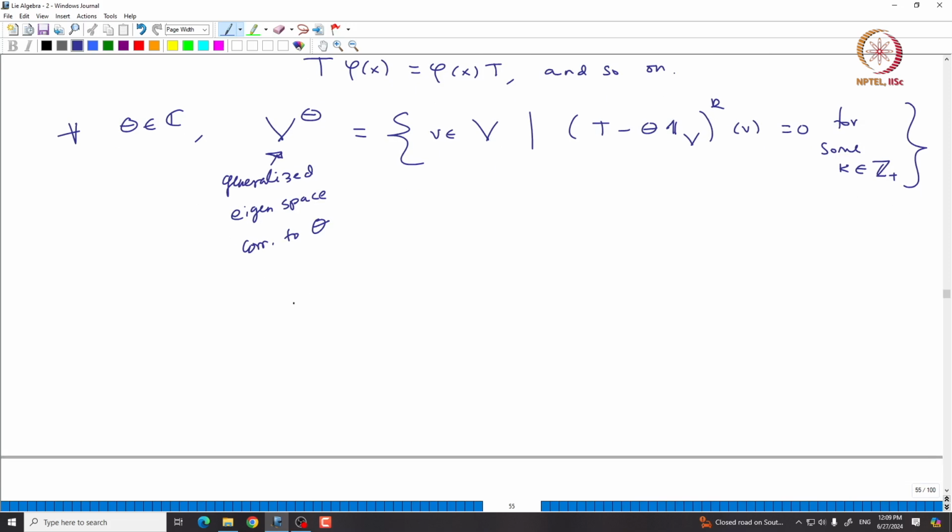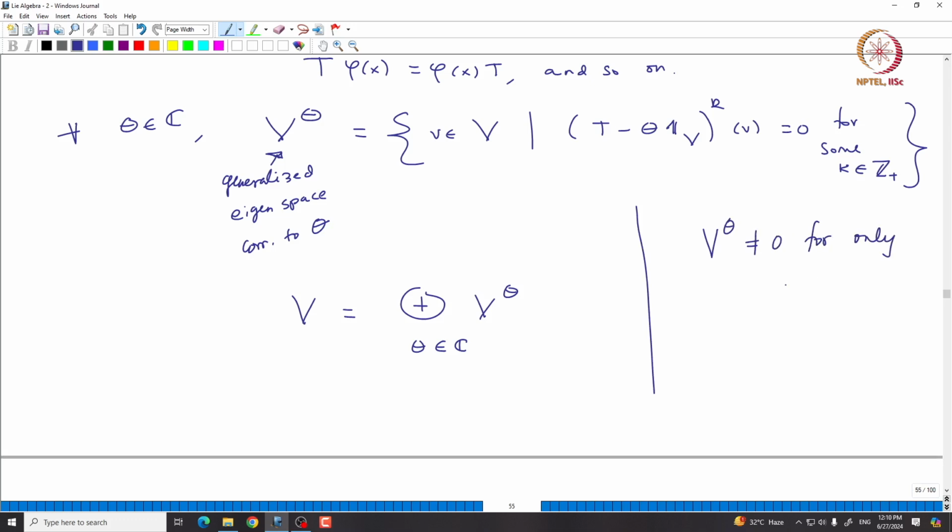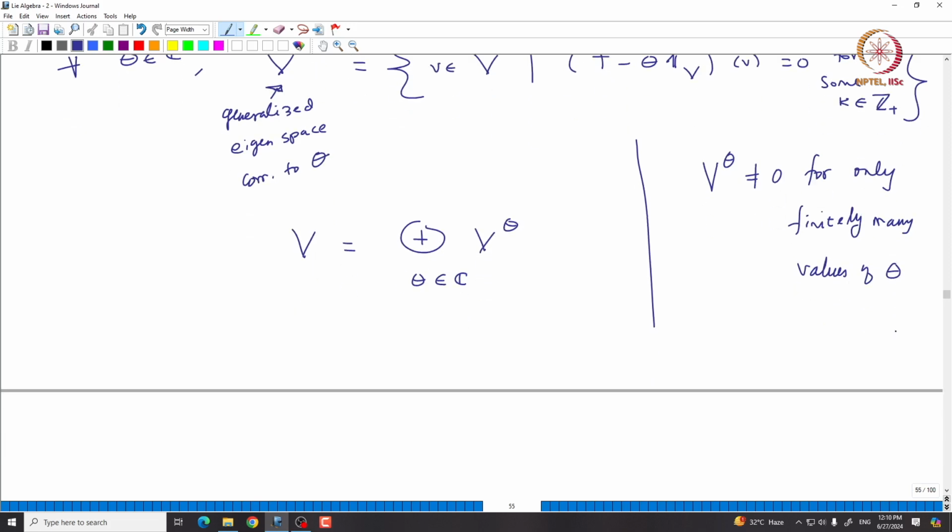So now V can be written as a direct sum of V theta for various theta. Obviously V theta could be 0; whenever V theta is non-zero, it is called a generalized eigenspace. Anyway, we do not care about the 0 space. V theta will be non-zero for only finitely many values of theta, because V is finite dimensional.